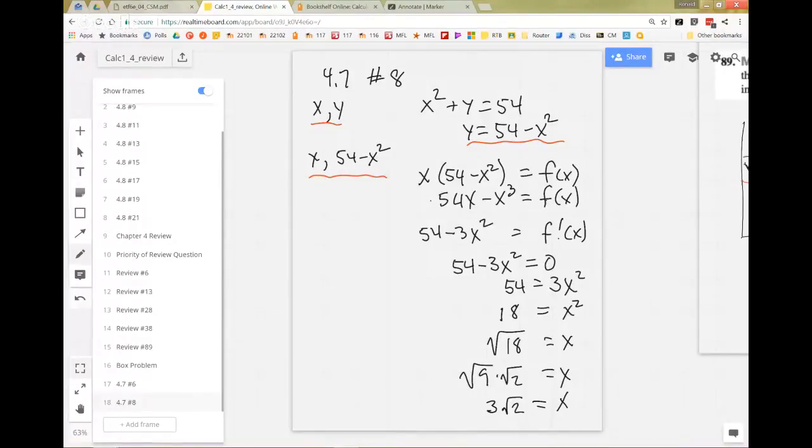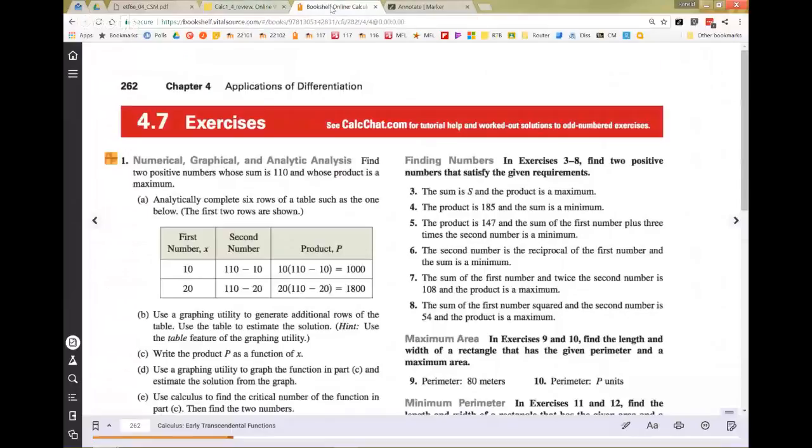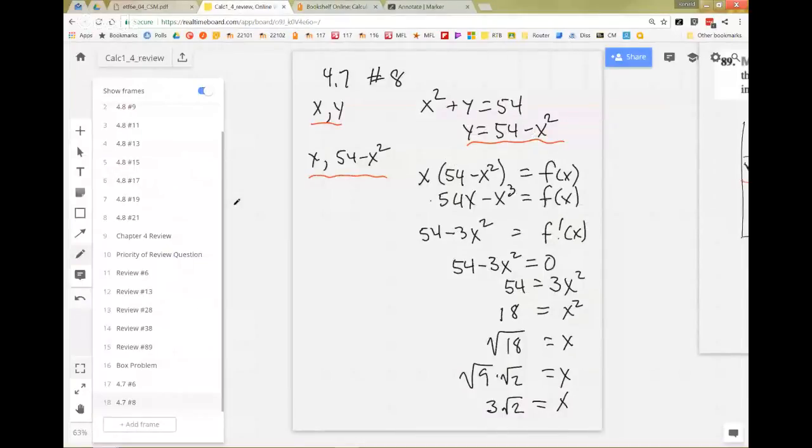It says their product. Let me go back and look. Their product is a maximum. Okay. So, set up their product. X times 54 minus X squared equals our function. Multiply those out. 54X minus X cubed. So if we're going to maximize, we just need to think through the first derivative, right?